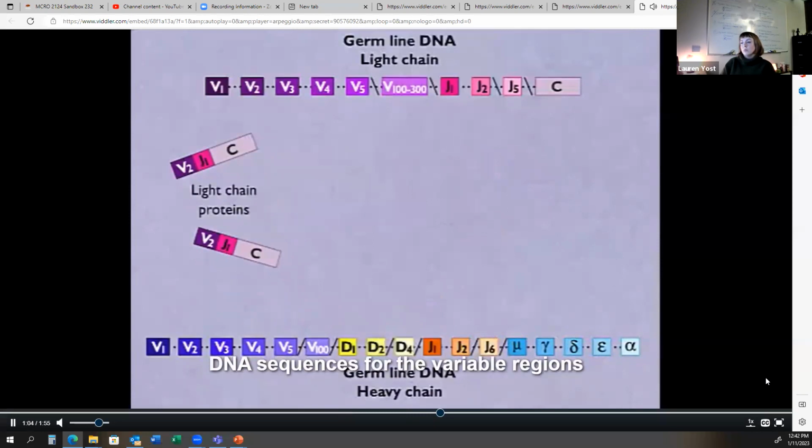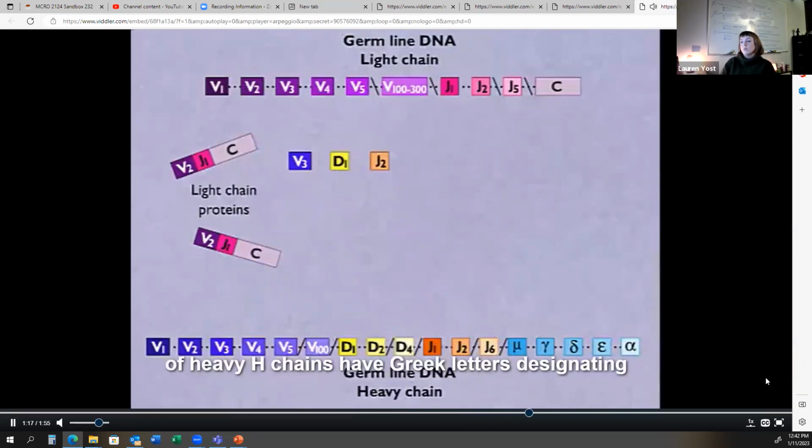DNA sequences for the variable regions of each heavy chain are assembled by the random selection of a V gene segment, a D gene segment, and a J gene segment. The genes for the constant regions of heavy chains have Greek letters designating IgG, gamma, IgM, mu, IgA, alpha, IgE, epsilon, and IgD, delta.